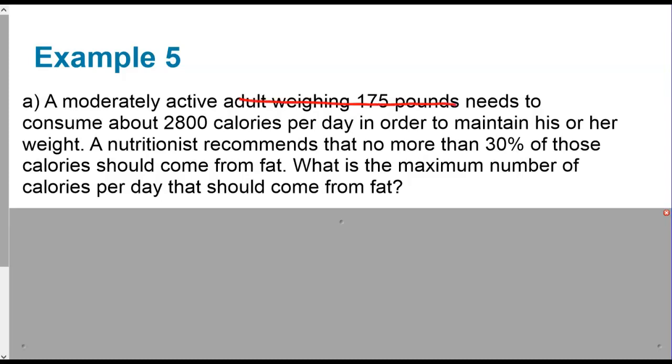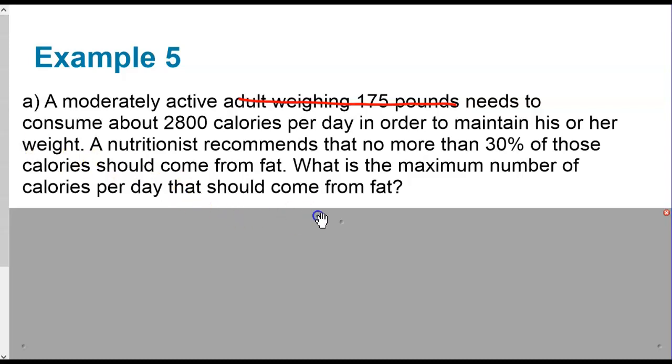So adult weighing 175 pounds, that really isn't information it's even asking for. So we're just going to get rid of that and stick with what we know. We know that adults need to consume about 2,800 calories per day to maintain their weight, and that they need to get no more than 30% of those calories from fat. So what's the maximum number of calories per day that should come from fat?